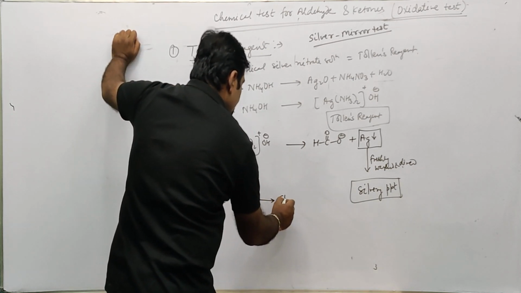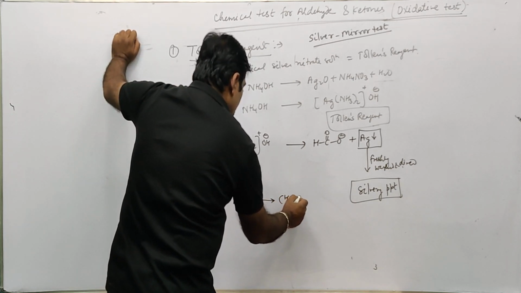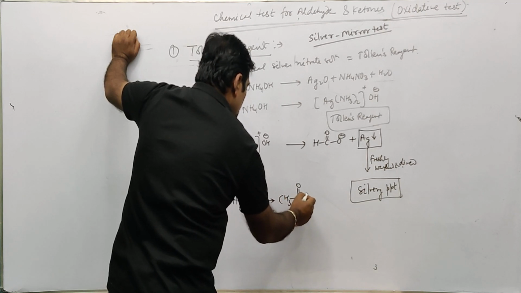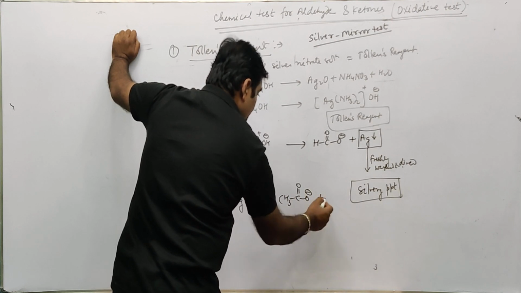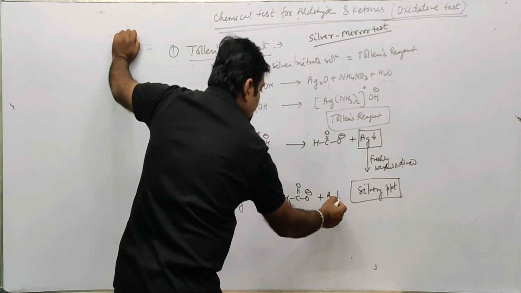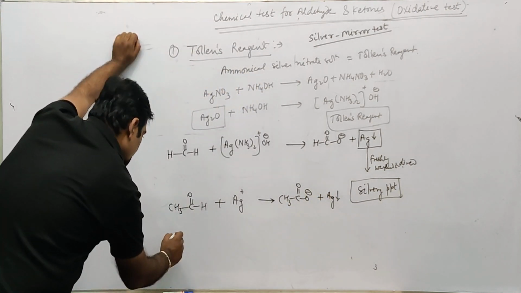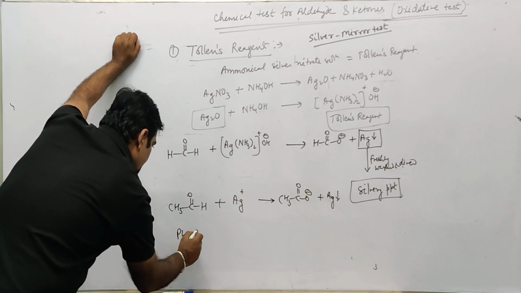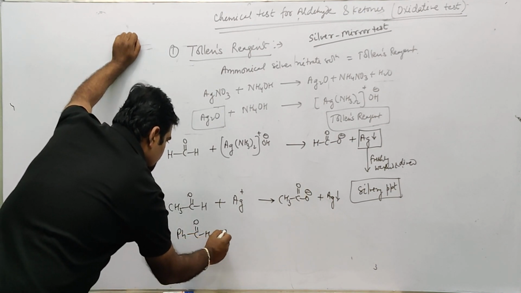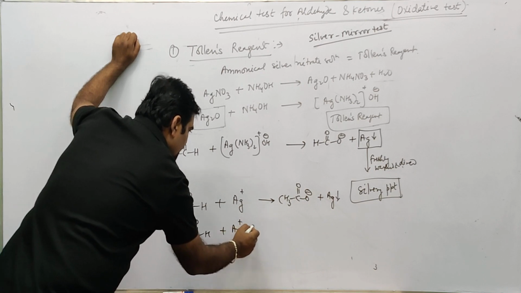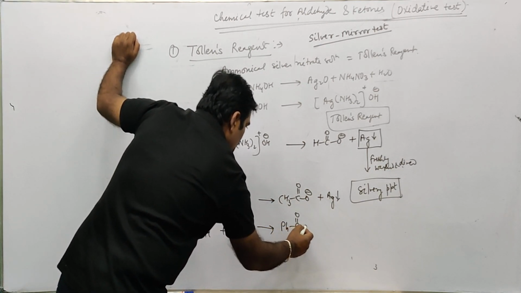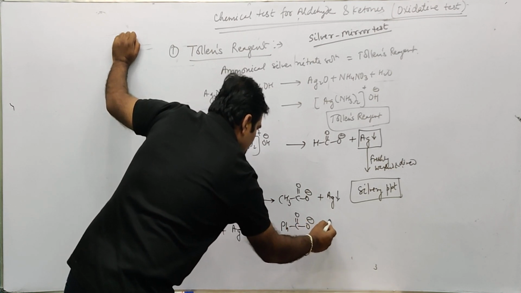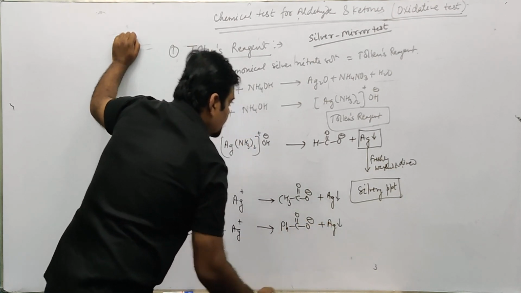So what does it form? CH3COO minus, plus Ag+ gets precipitated in the form of Ag. Similarly, if you use PhCHO with Tollens reagent, it gives PhCOO minus, plus Ag gets precipitated.